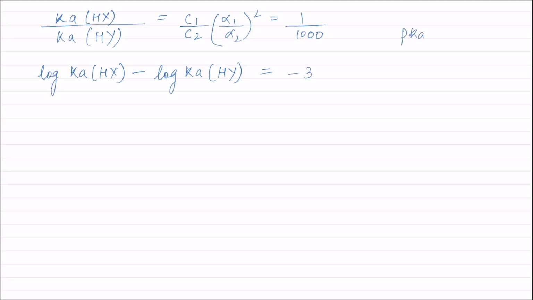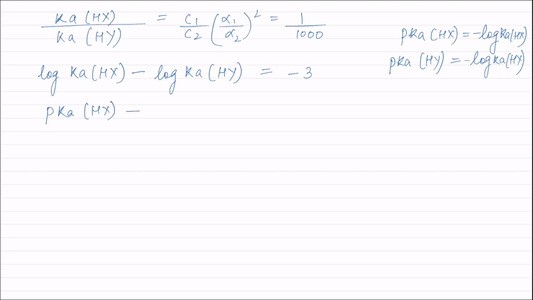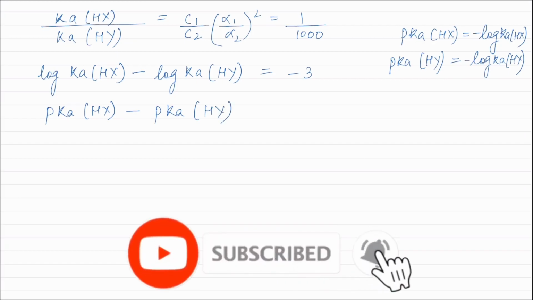Now pKa of HX will be equal to minus log Ka of HX, and pKa of HY will be equal to minus log Ka of HY. Therefore pKa of HX minus pKa of HY will be equal to 3.